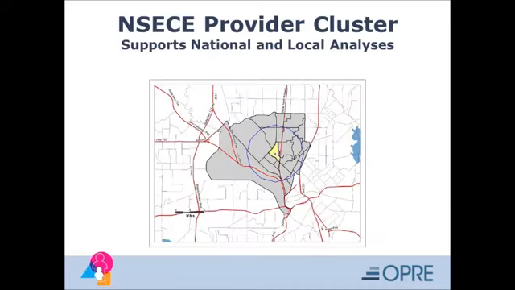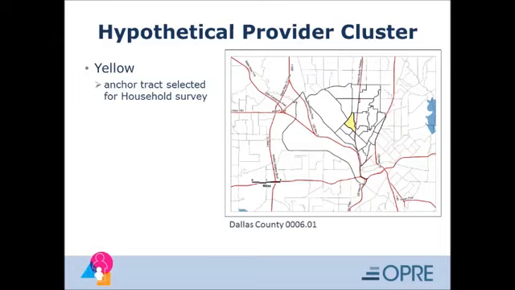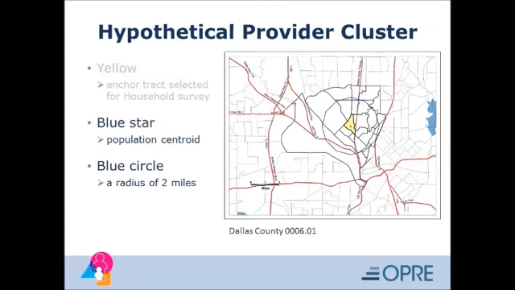The way in which we overlapped the households and providers is something that we call the NSECE provider cluster. So this is a hypothetical example of how this would work. What you see in the yellow there is the anchor tract. This is a census tract that would have been selected and from which households would have been sampled for the study. We then identify the population centroid of that central census tract.